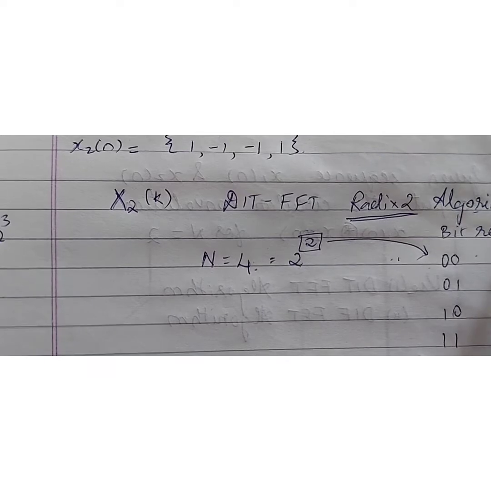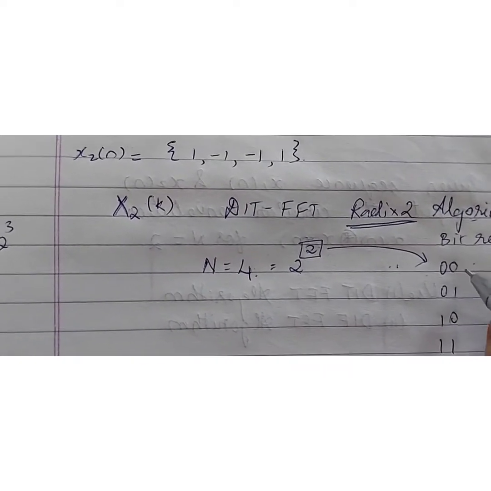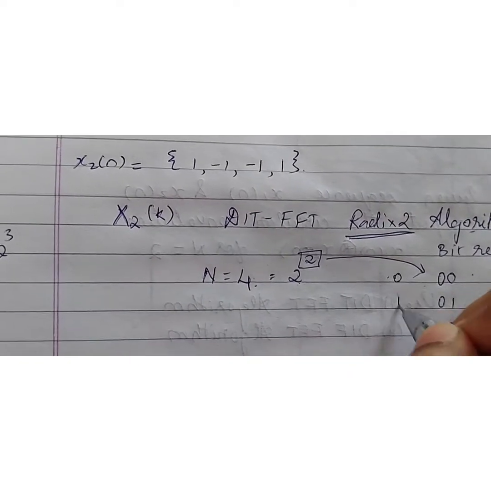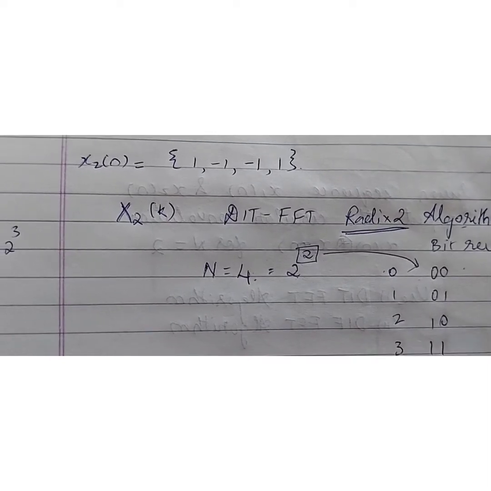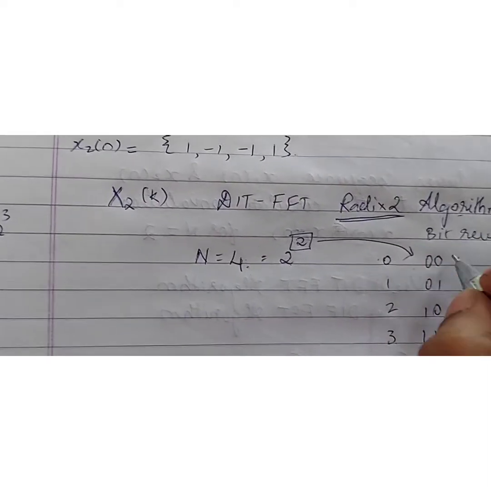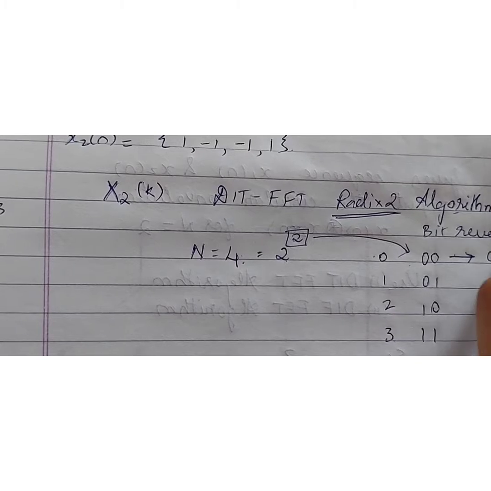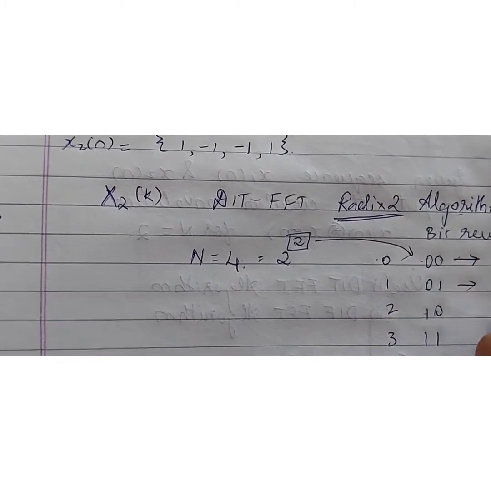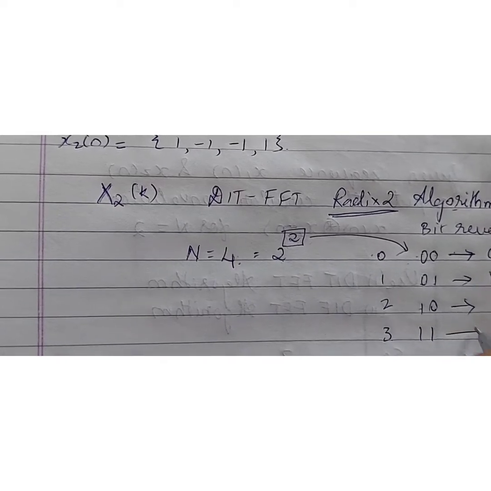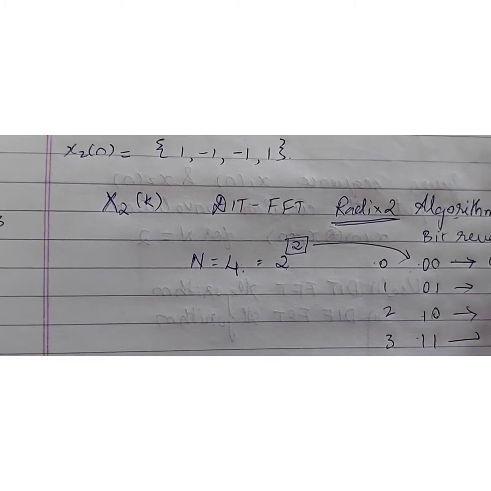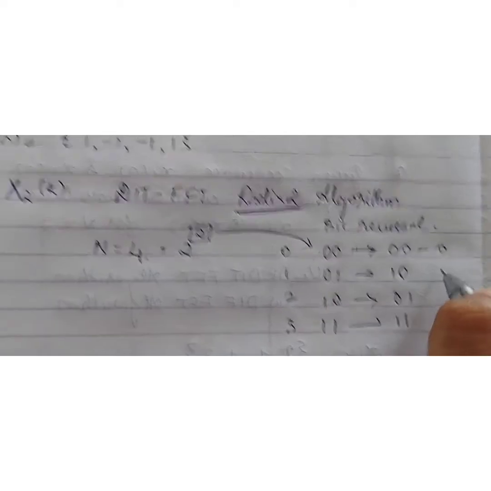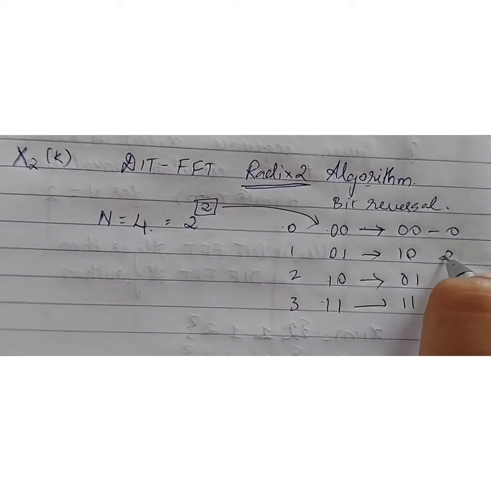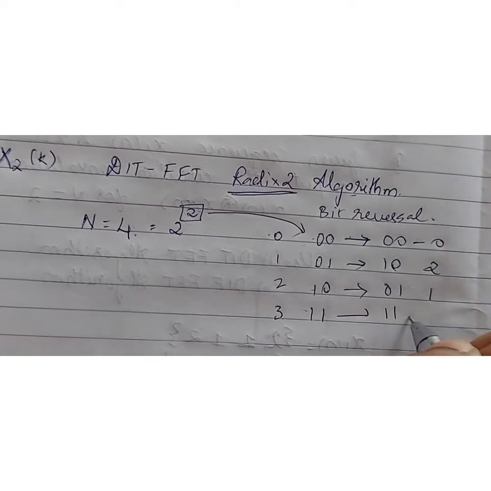I'm just explaining that again. So you reverse the bits of 0, 1, 2, 3, because in the input you need to give it in the reverse order. So the bit reversed value, you read like this: 00, 10, 01, 11. So this is 0, 10 is 2, 01 is 1 and 3.